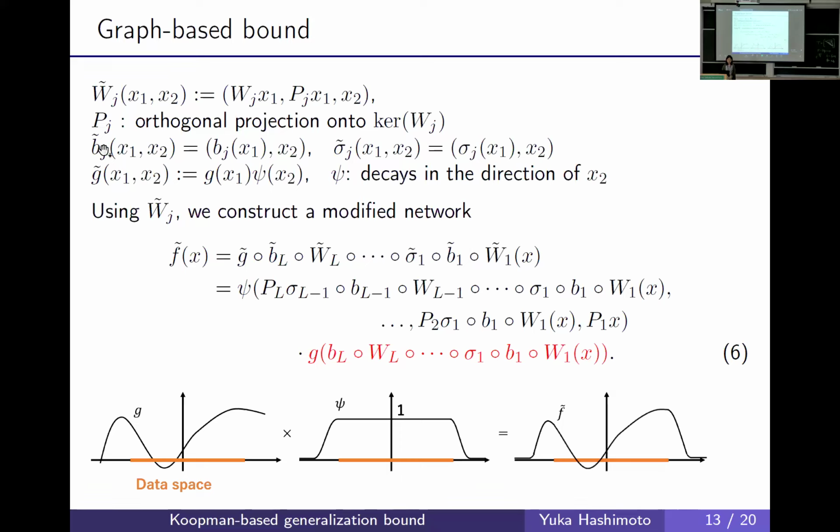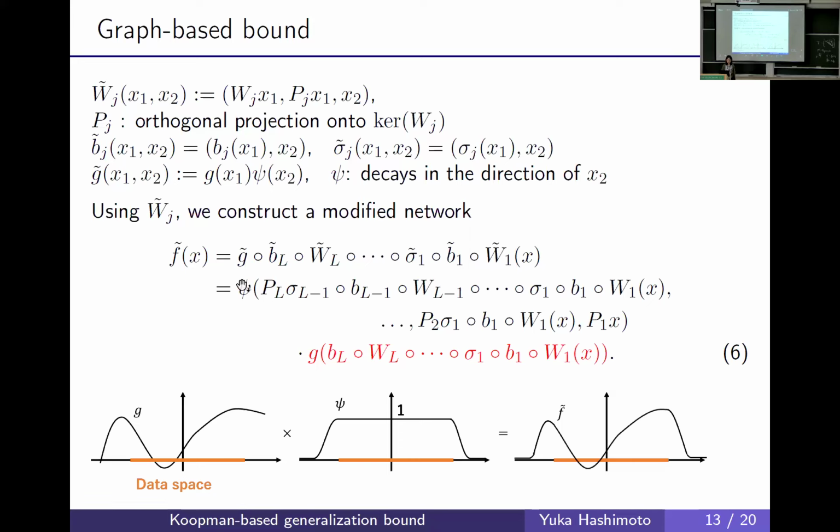And we consider Bj tilde, sigma j tilde, and g tilde like this. Here, psi is a function which decays, and it takes the value 1 at the center of the domain. So psi is of the form like this.